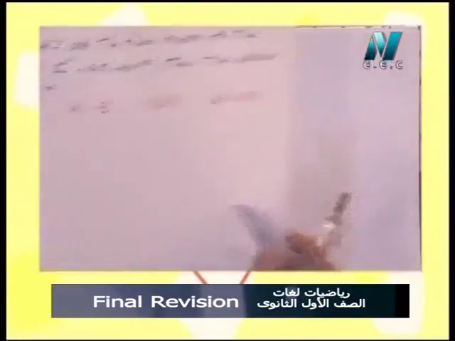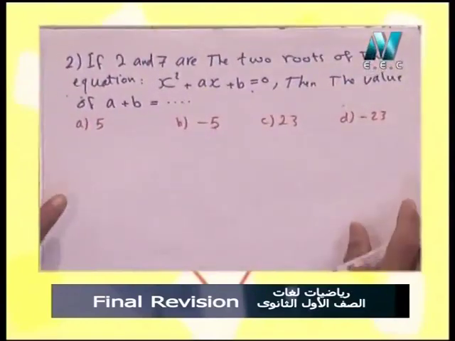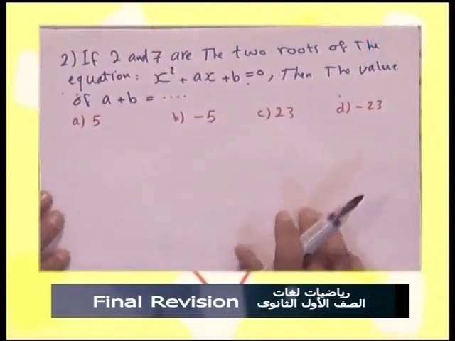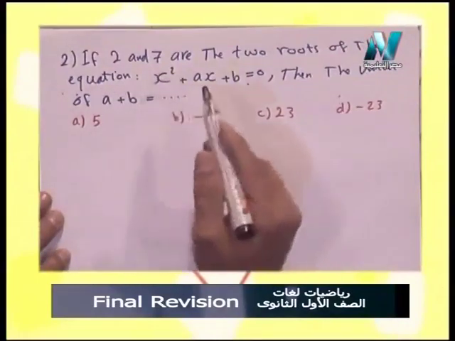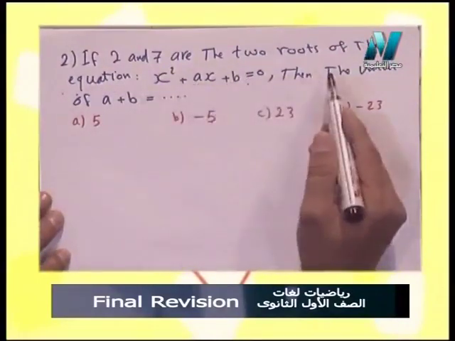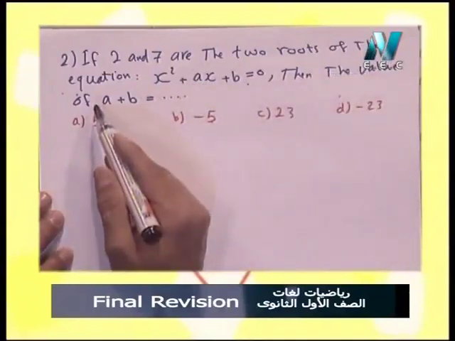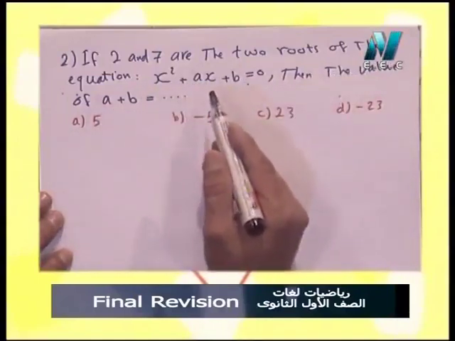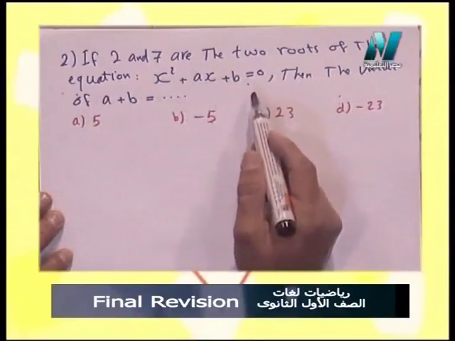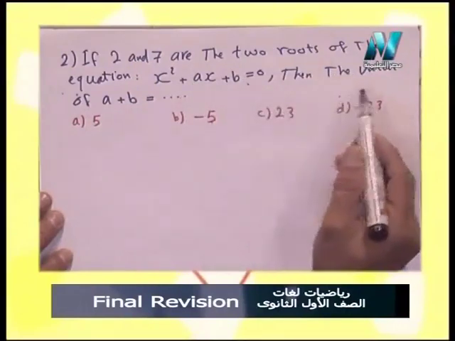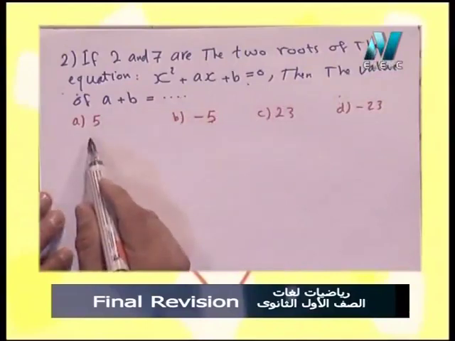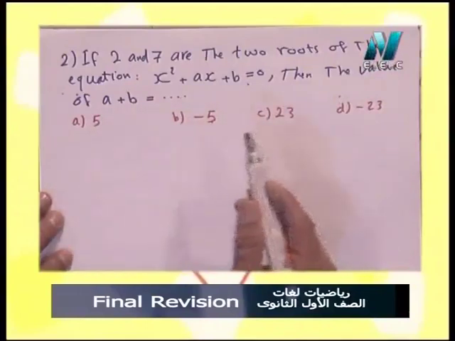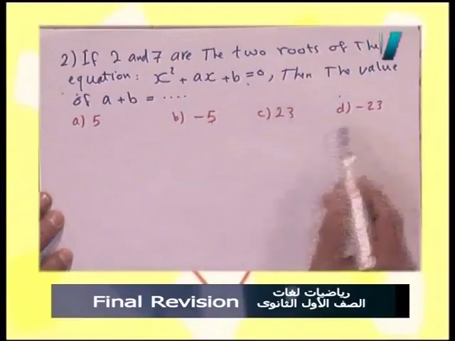The question number 2 says that 2 and 7 are the two roots of the equation x power 2 plus ax plus b equals 0. Then the value of a plus b equals what? Is it equal 5, negative 5, 23, or negative 23?